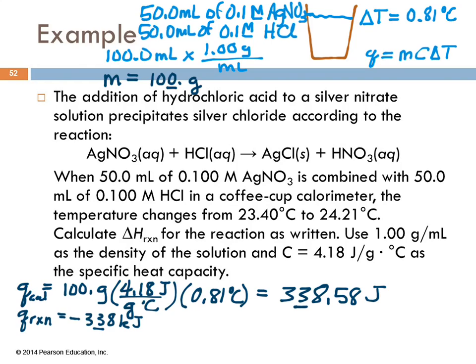Because it gave off energy. The calorimeter absorbed energy. And this is wanting us to find the heat of reaction, delta H, for this reaction as written. Okay, I'm going to do some erasing because I need a little space here.